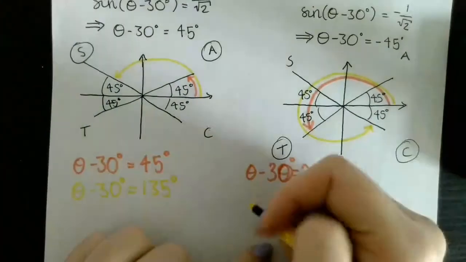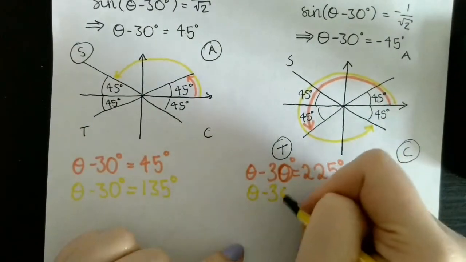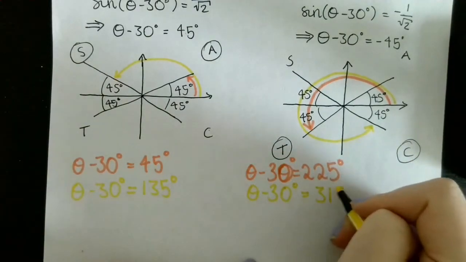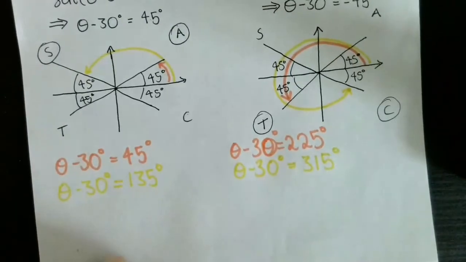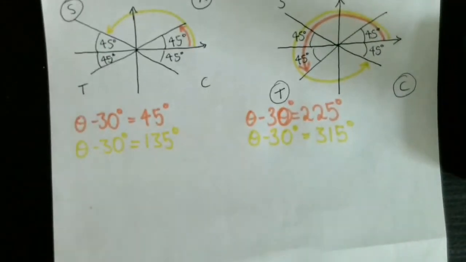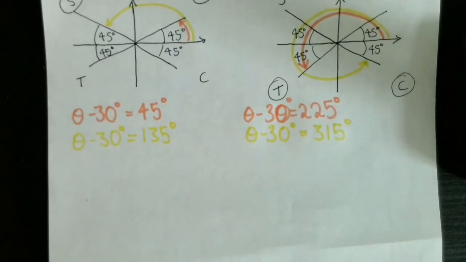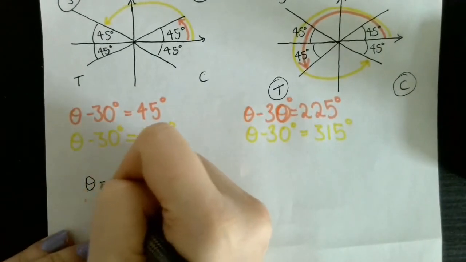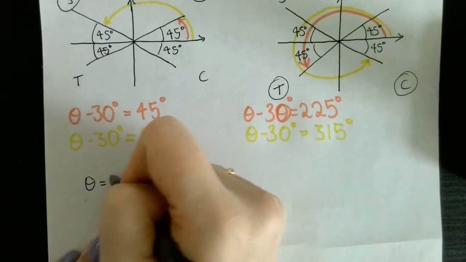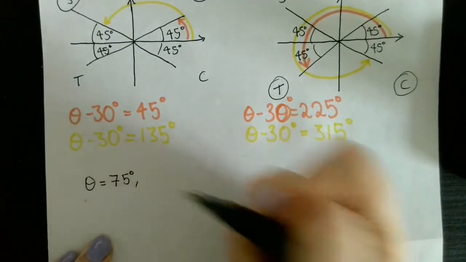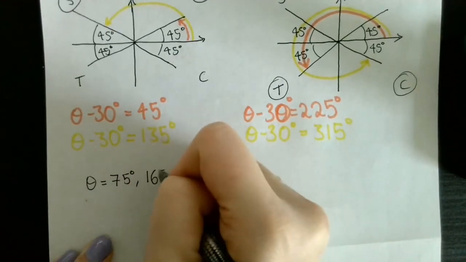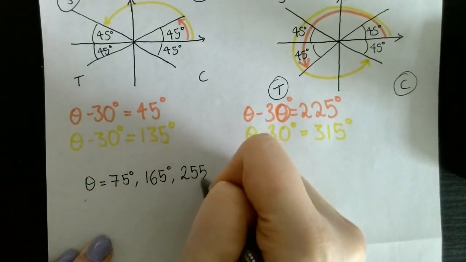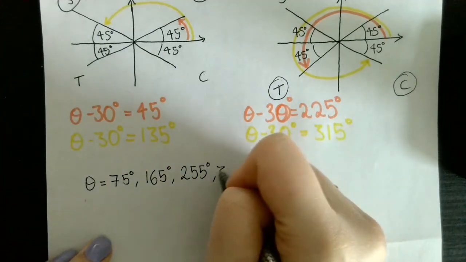So here theta minus 30 is equal to 315. So if we now add 30 to all of our values to find out what theta is equal to, we've got theta is equal to 75, 165, 255 and 345.